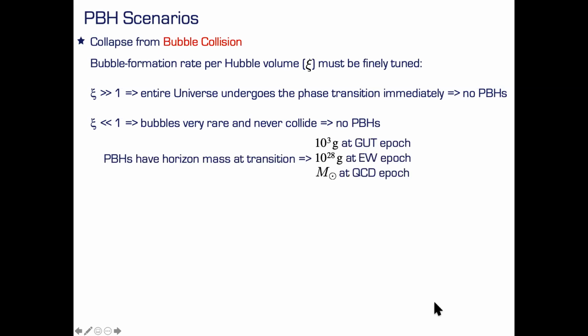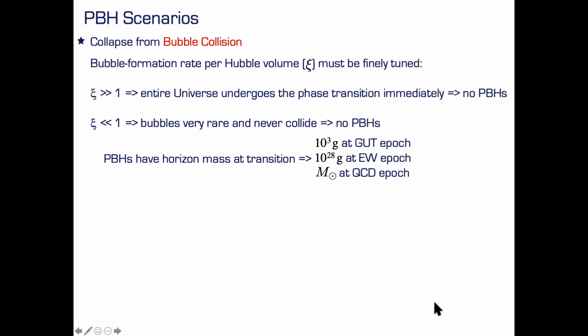So if it's rightly tuned, and it's quite a tuned scenario for most cases, you would get primordial black holes. If you have this scenario, then the specific masses are rather light. It's into the 3 gram at the dark sector, when you have a first phase transition there, you would get 10 to 28 gram. At the QCD epoch it leads to primordial black holes around the solar mass.